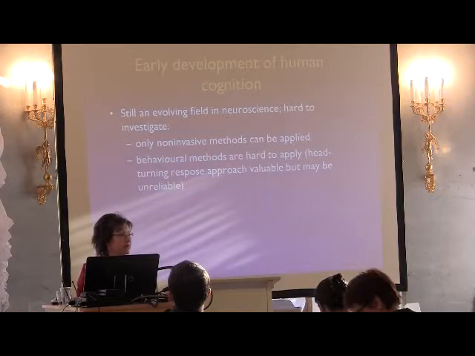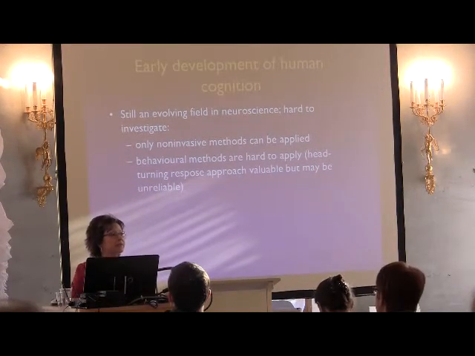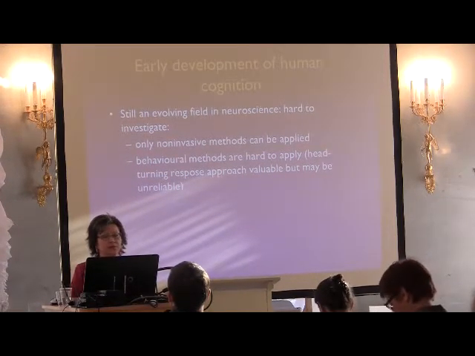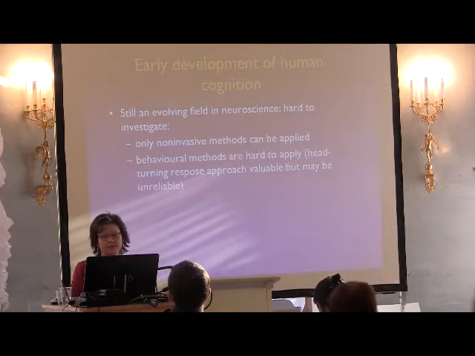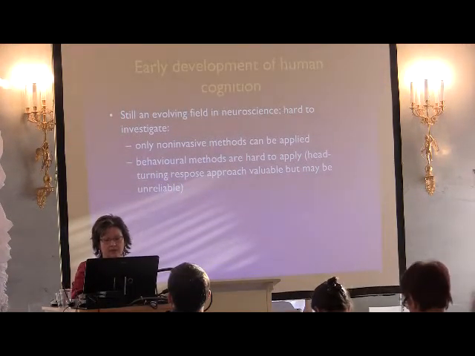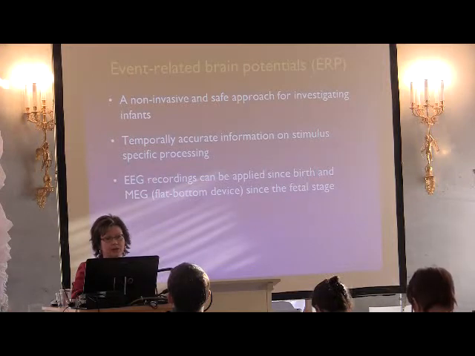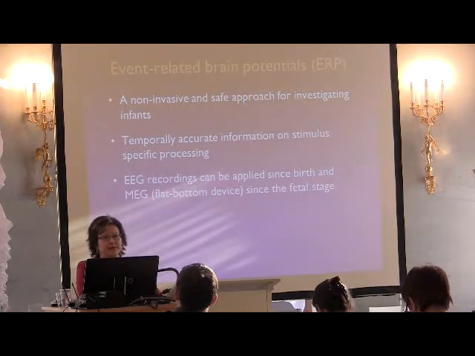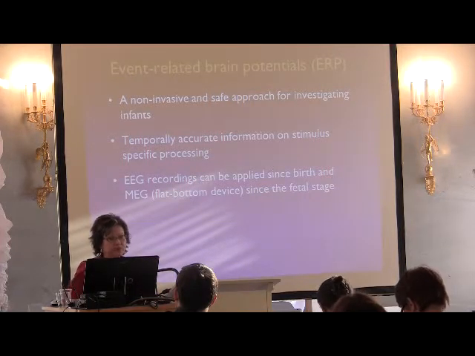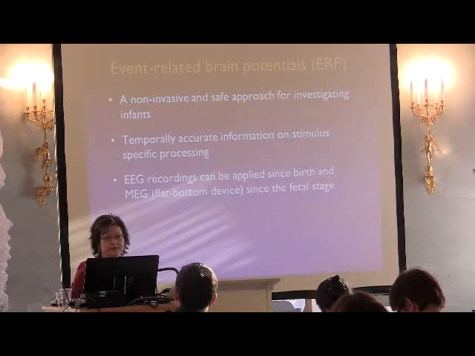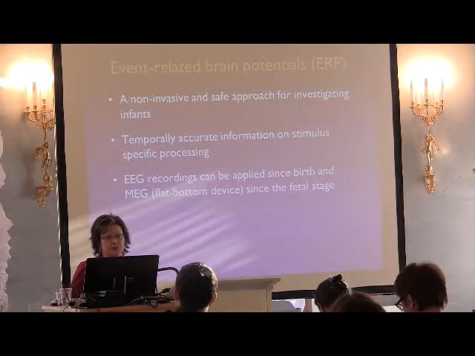Head-turning responses have been used, and they have provided very interesting results and important information, but this is a fairly unreliable approach. One way to study young brains, infant brains, is to use event-related brain potentials, which is certainly a non-invasive and safe approach for this purpose.